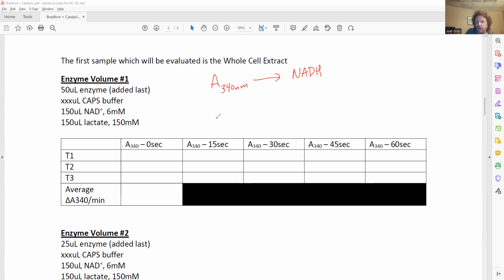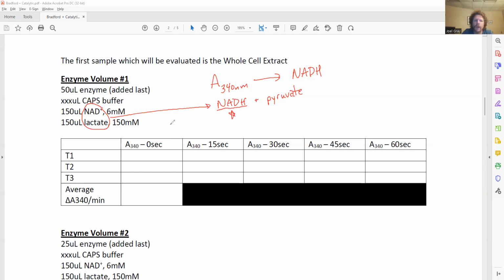Our enzyme, lactate dehydrogenase, takes NAD plus and lactate and makes NADH and pyruvate. NADH will absorb light at 340 nanometers. Pyruvate, NAD plus, and lactate will not. So as long as we see the concentration of NADH and the absorbance at 340 nanometers increase, that's an indication that we have LDH activity, meaning we have lactate dehydrogenase in that particular fraction.